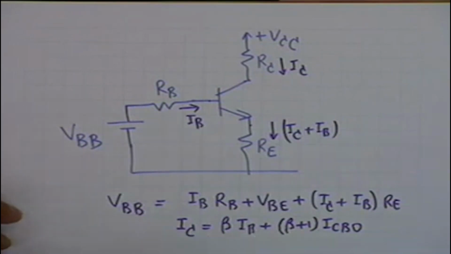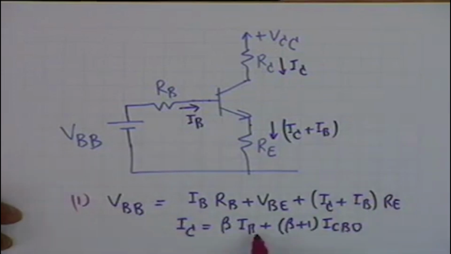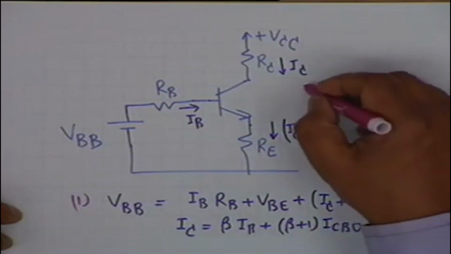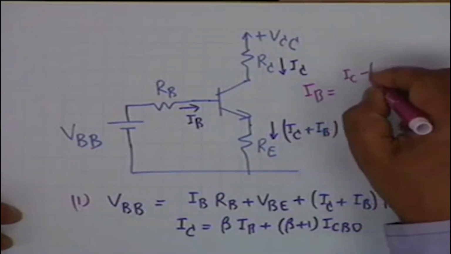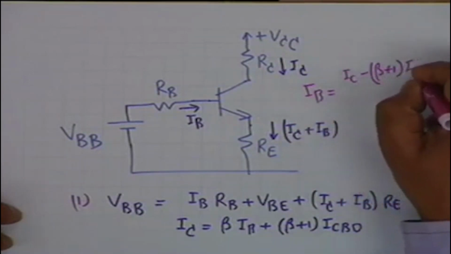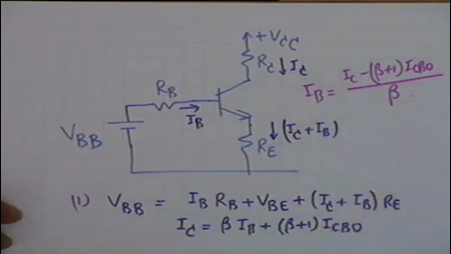Our purpose is to obtain I sub C and to see how stable the collector current is. So what I do is I replace in the first equation I sub B by I sub B equal to I sub C minus beta plus 1 ICBO divided by beta.